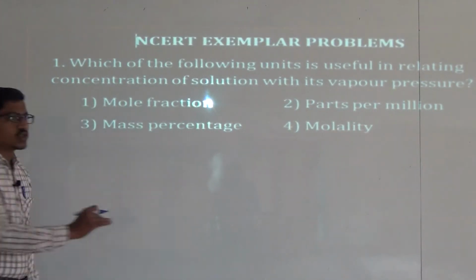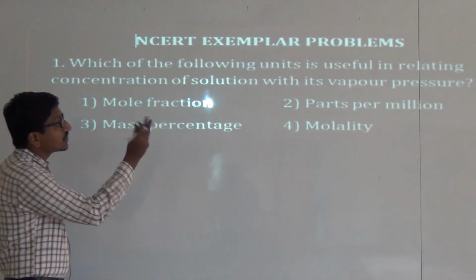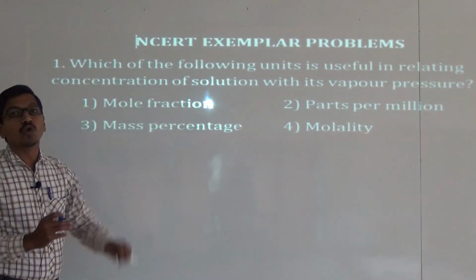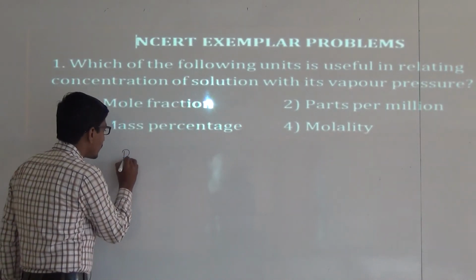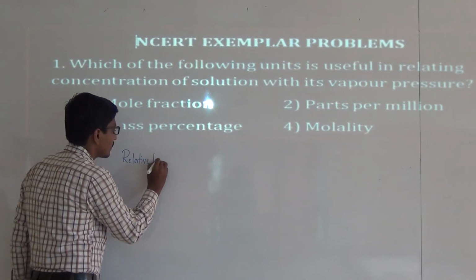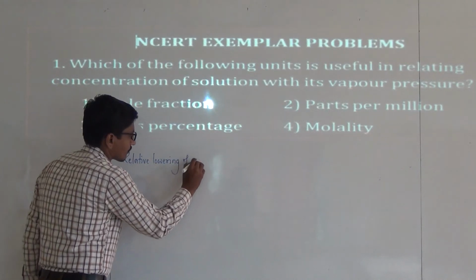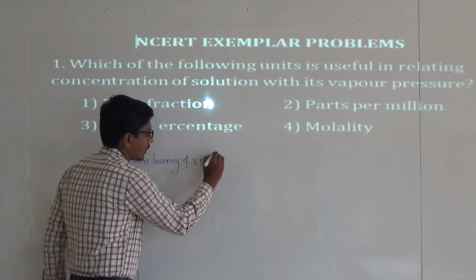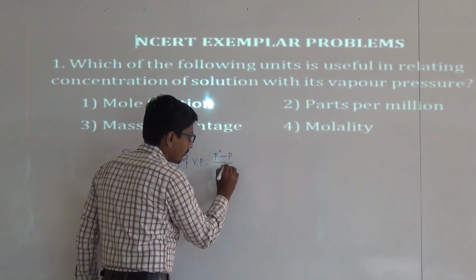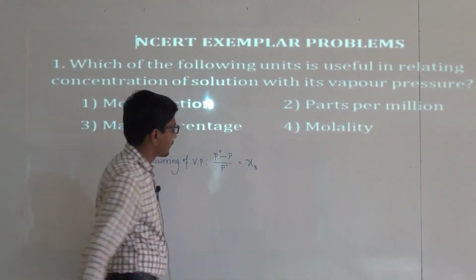This is based on relative lowering of vapor pressure, that is, relating the concentration of solution to its mole fraction. The relative lowering of vapor pressure is (P naught minus P) by P naught equal to XB.